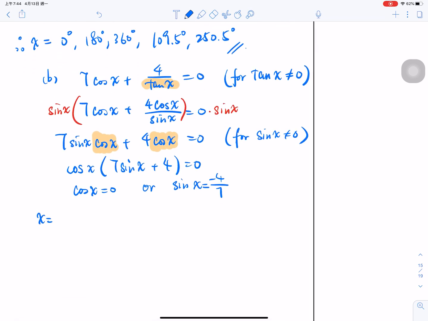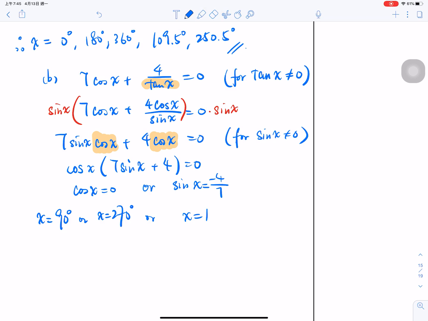So x equals 90 degrees or 270. Good. How about the other one? This one is in the range between -1 and 1, so you can find it from the reference angle.